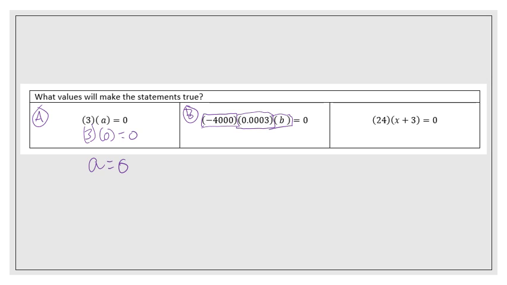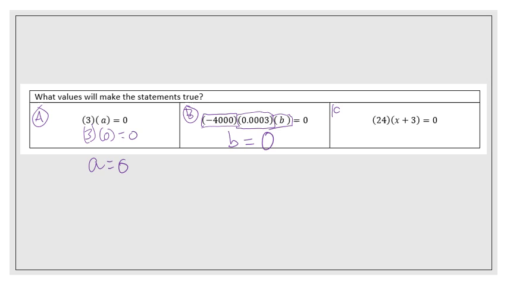So I have negative 4,000 times 3 10,000s times some value that gives us a product of 0. Well, negative 4,000 times 3 10,000s will give you another number, and that number times something will give you 0. That something has to be 0, so the variable b has to equal 0.